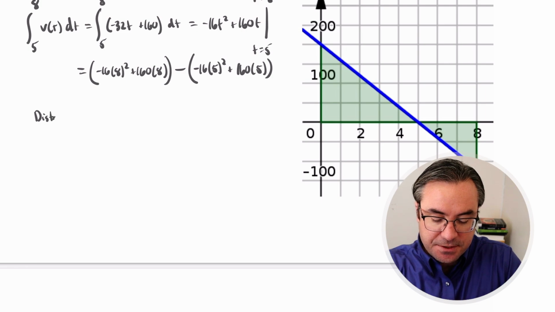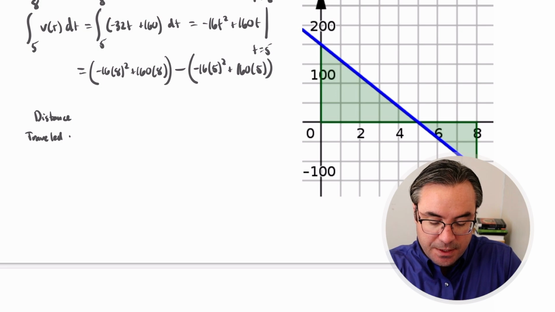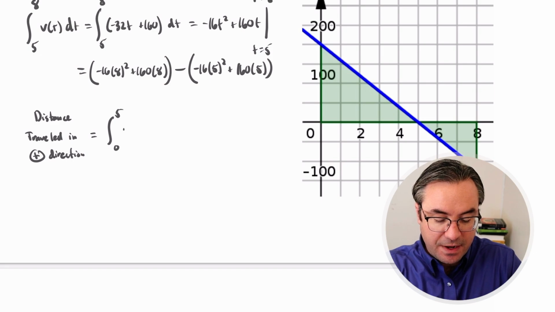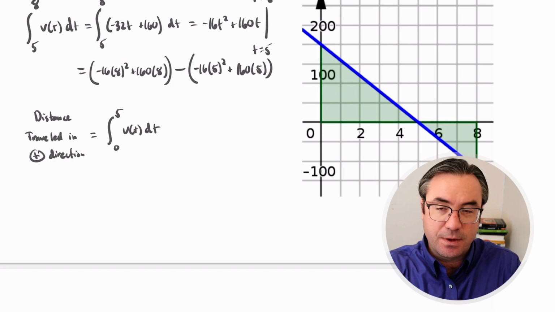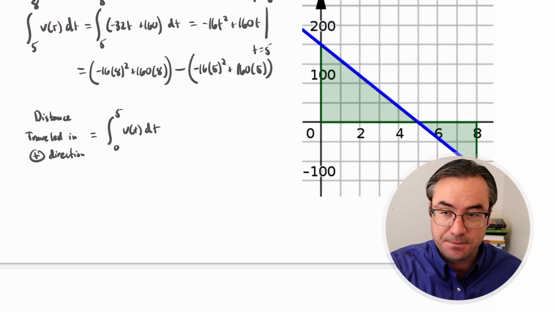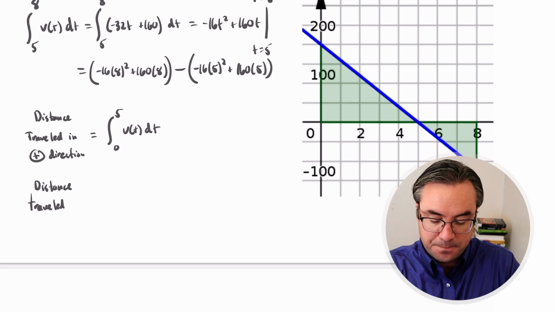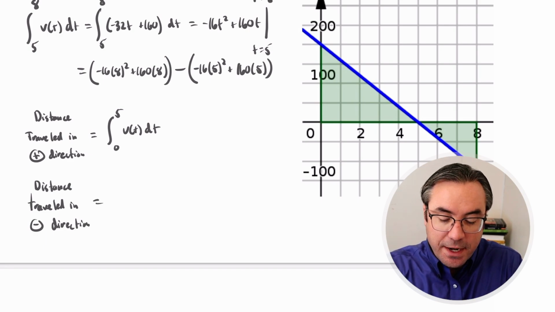So the distance traveled in the positive direction is the integral going from 0 to 5 of our velocity function, because that's when our object was moving in the positive direction. And the distance traveled in the negative direction is not quite this integral.